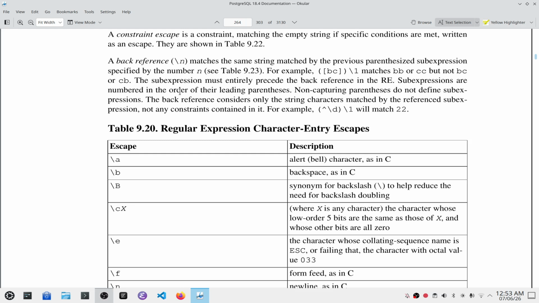Subexpressions are numbered in the order of their leading parentheses. Non-capturing parentheses do not define subexpressions. The back references consider only the string characters matched by the referenced subexpression, not any constraints contained in it. For example, (^\d)\1 will match 22.